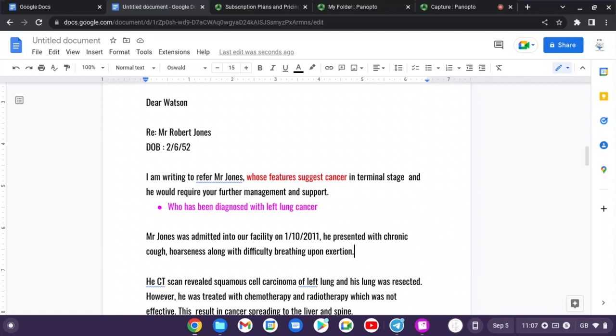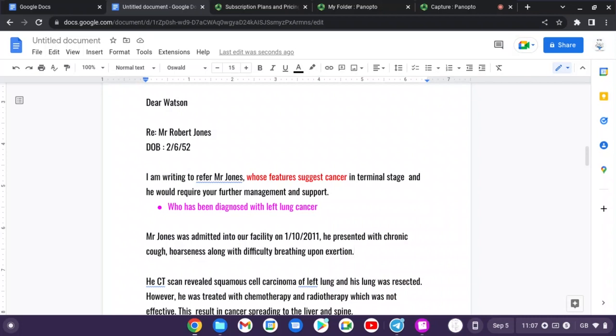Then what was done next, a CT scan, is written in a separate paragraph. You can write it in the same paragraph, because this all happened while the patient was in the hospital. It's all the clinical details from admission until the diagnosis.